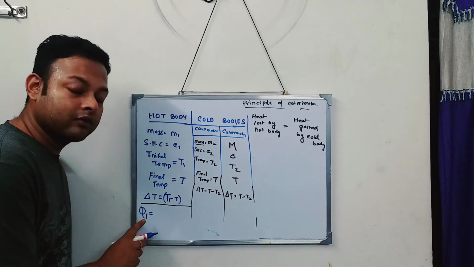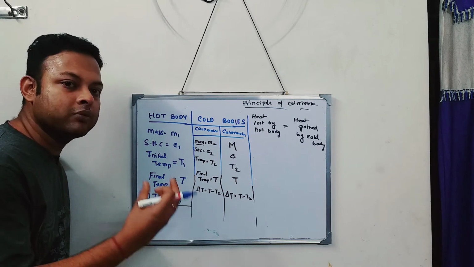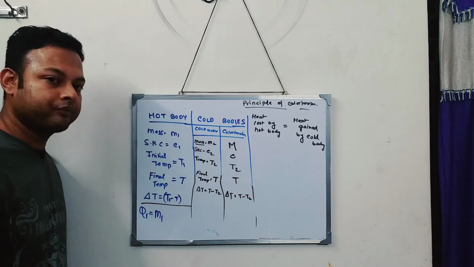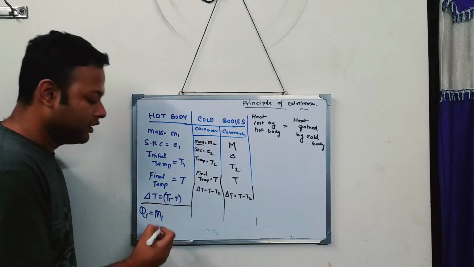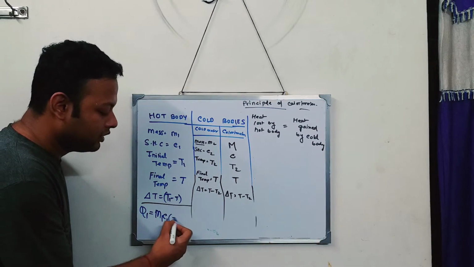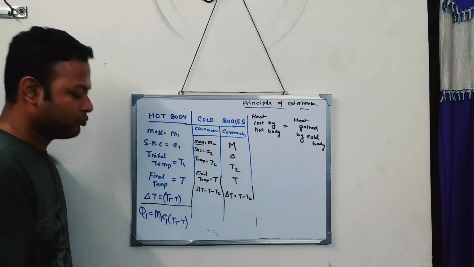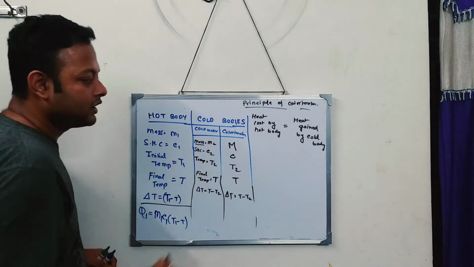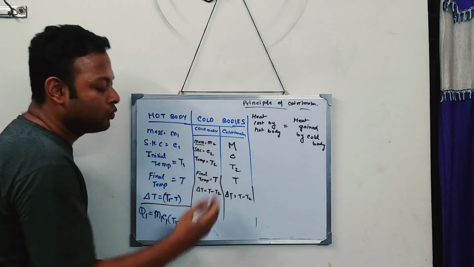So what is the m over here? M1. What is the c? C1. And delta T is T1 minus T.